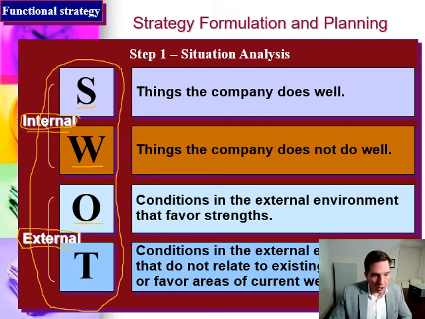And then for the external aspects, you're either going to call them opportunities, if they are something that are going to overall help our position in the industry, or threats, if they are something that could actually put our position in the industry in danger.